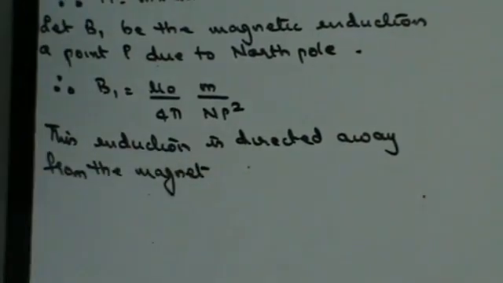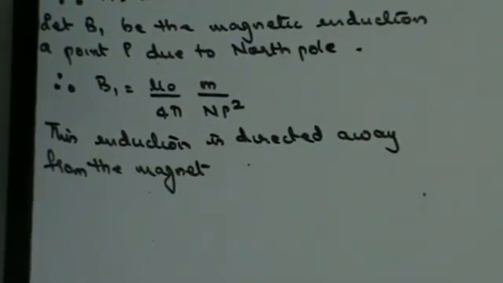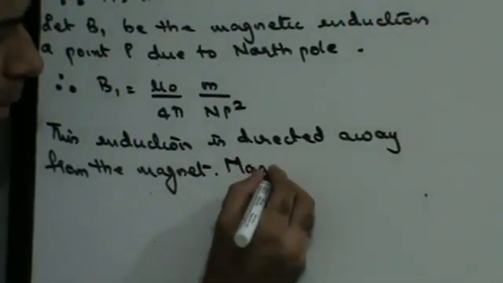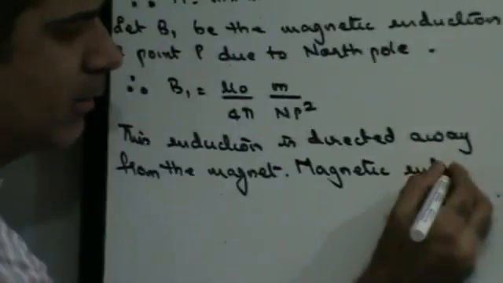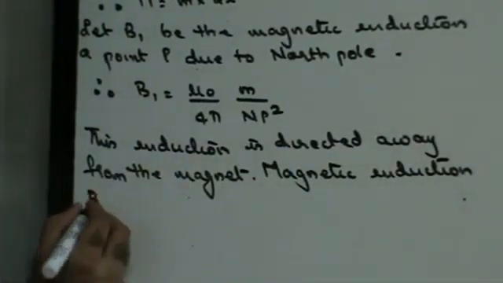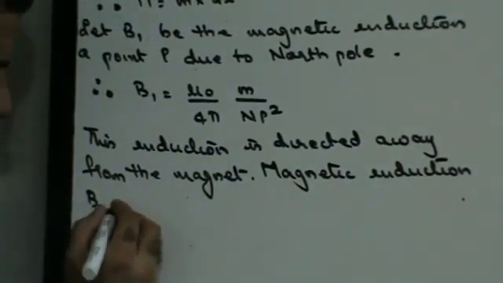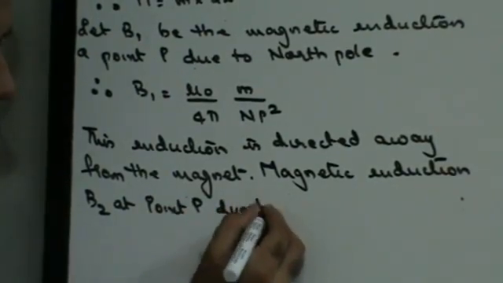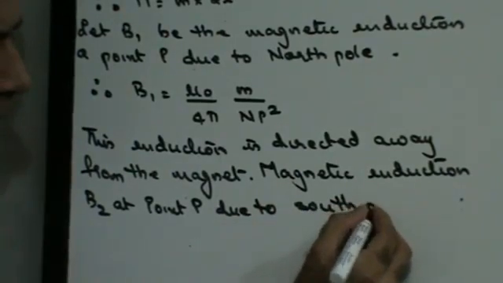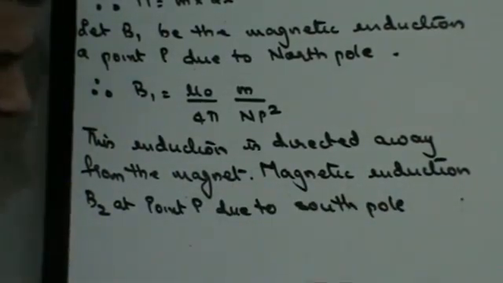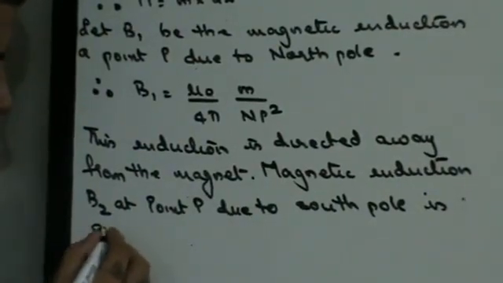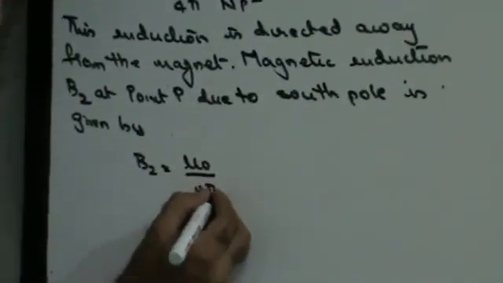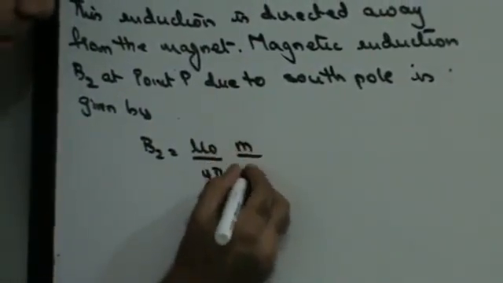The magnetic induction B2 at point P due to the south pole is given by B2 is mu 0 upon 4 pi, m upon SP square.